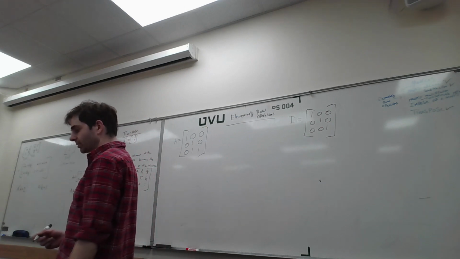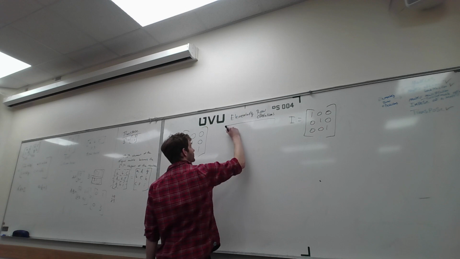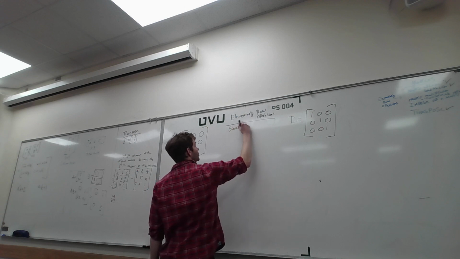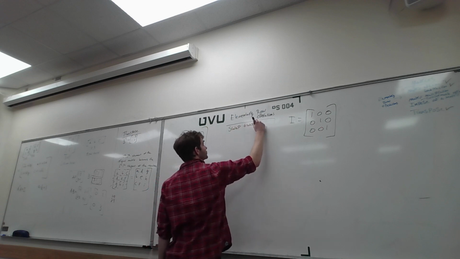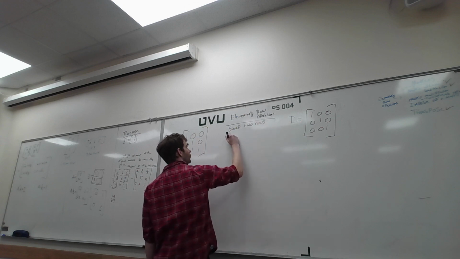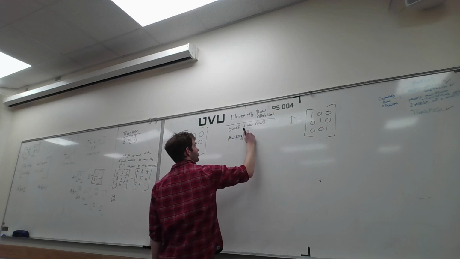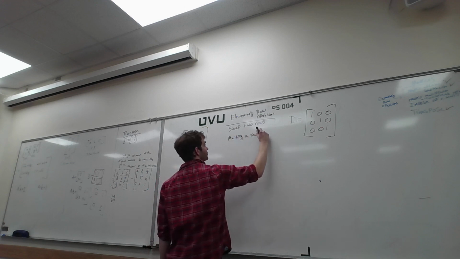You can swap two rows. You can multiply a row by a constant.